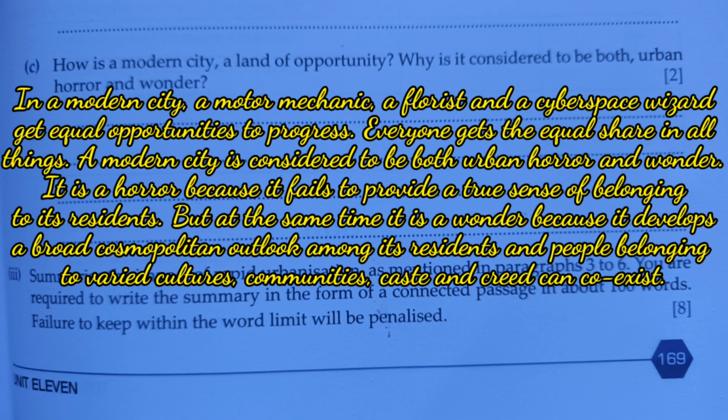Next, summarize the impact of rapid urbanization as mentioned in paragraphs 3 to 6. You are required to write the summary in the form of a connected passage in about 100 words.